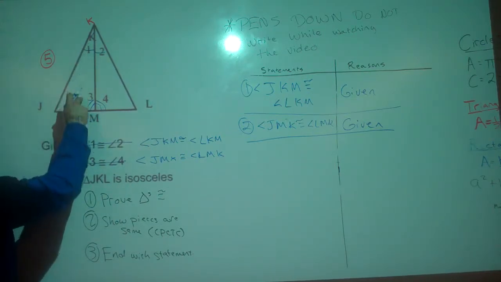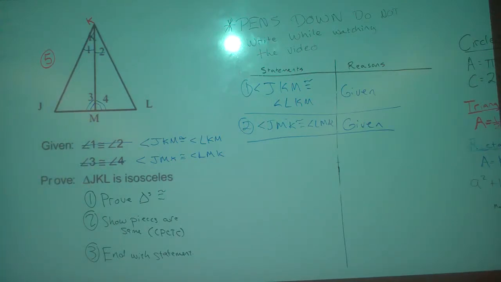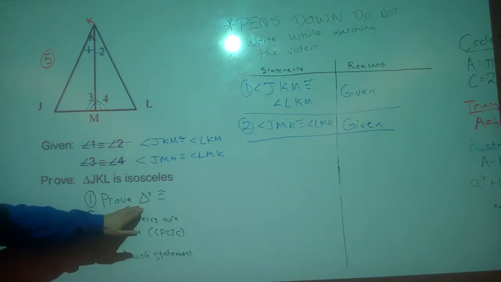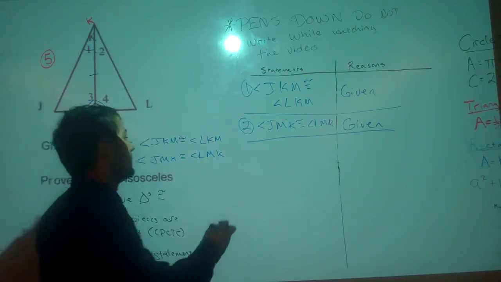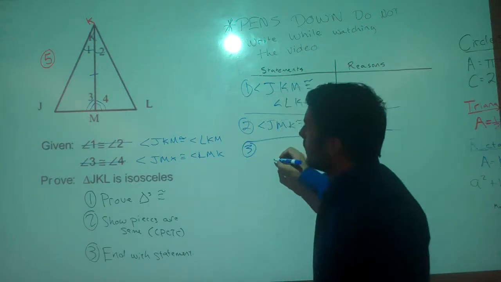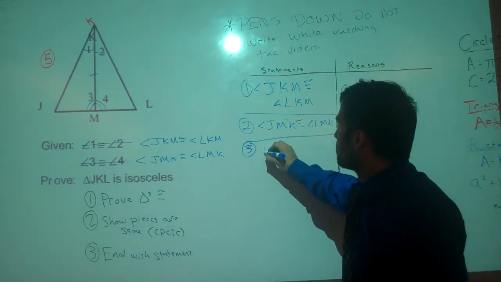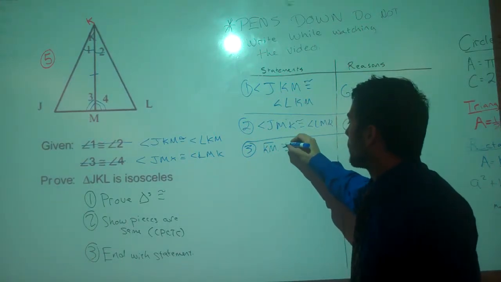Right now I have 2 angles that are the same in each triangle. I need one more piece of information to prove the triangles are congruent. In this case, I will use the reflexive property in the middle, stating that side KM is congruent to itself.